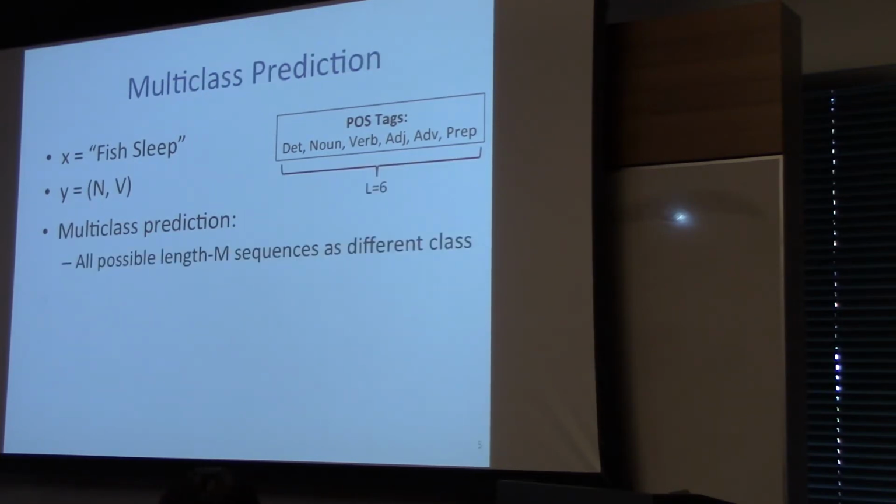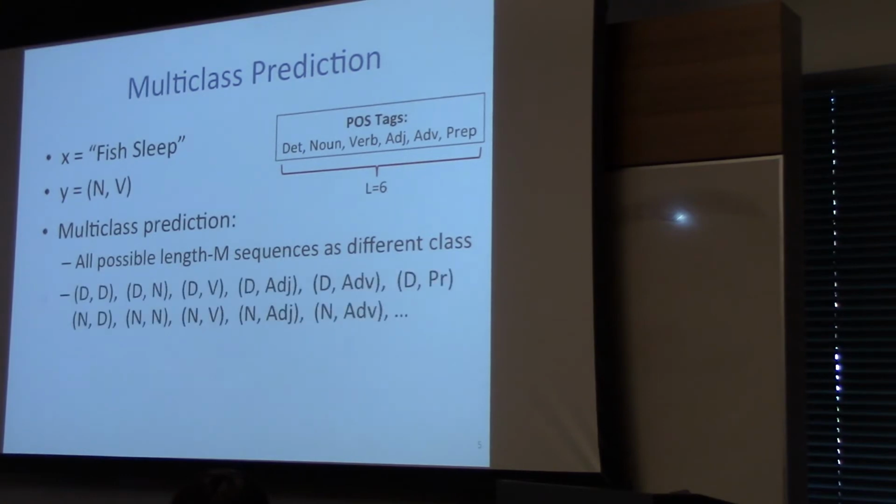So if you were to apply multiclass prediction directly, you would try to train a model that can predict all possible length M sequences as a different class, where M is the length of the input. So for example, for M equals 2 and 6 different tags, these are a sampling of the different classes that you can predict. Now think about what would happen if the length of the input and output sequence was greater than 2, like 3, 4, or 5, or in general length M. There are L to the M different classes.